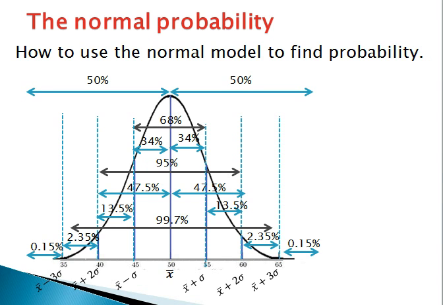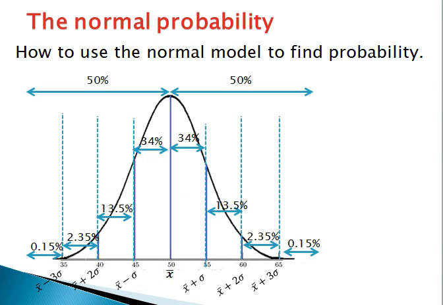So beyond 3 standard deviations below and 3 standard deviations above the mean, there still is a 0.3% chance on both sides. So 0.15 on each. Makes sense? But here you see it in wording. Okay. These are the values that we now got. Right, so 34, 13.5, 2.35, and 0.15.